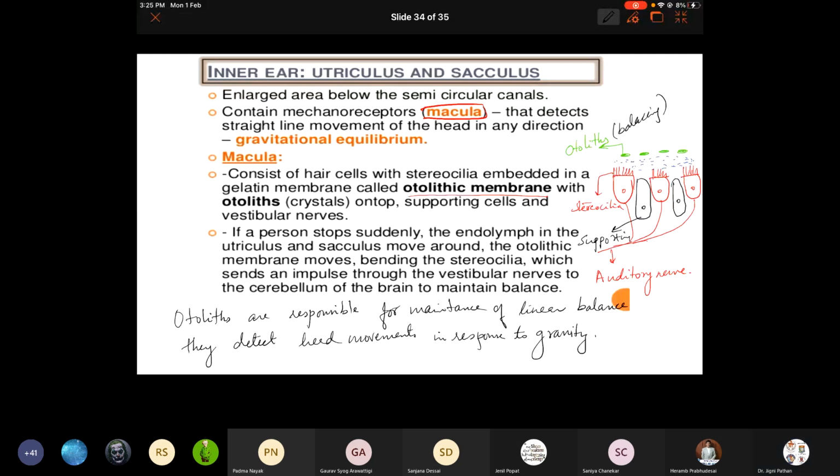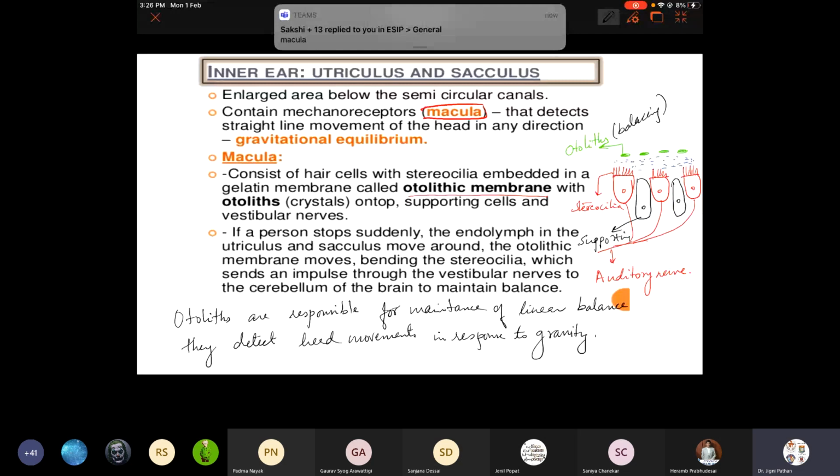Come on, tell me. That is a mechanoreceptor. Macula.